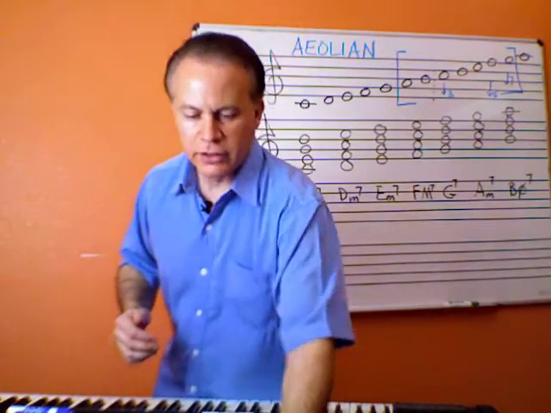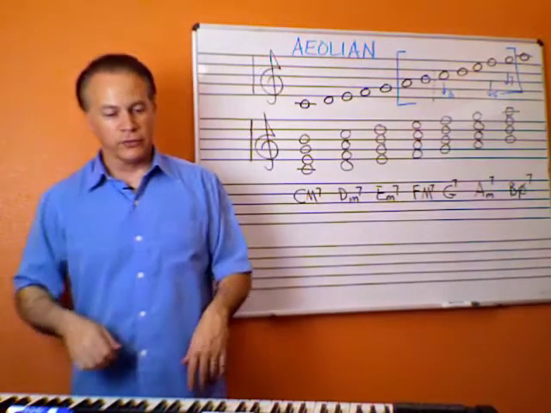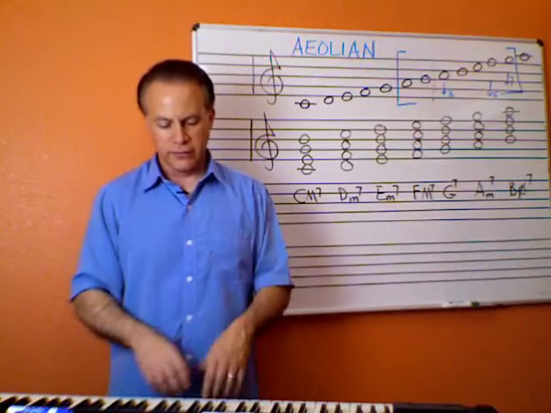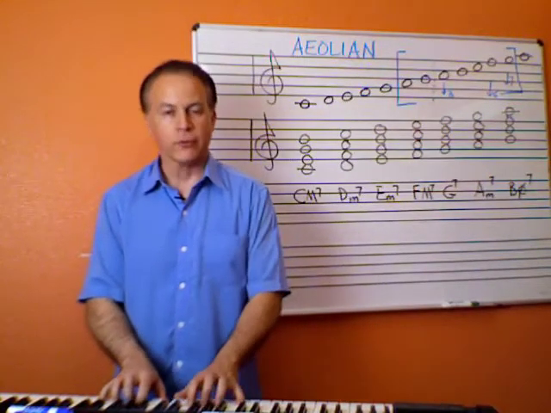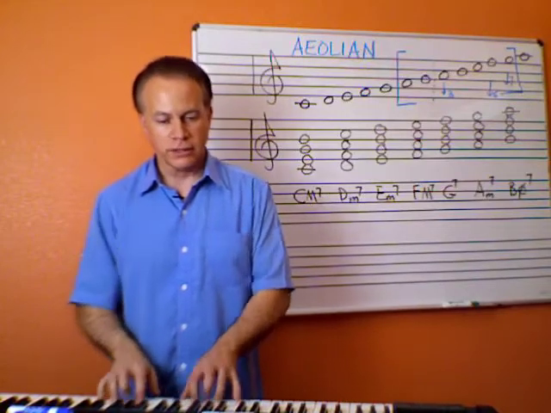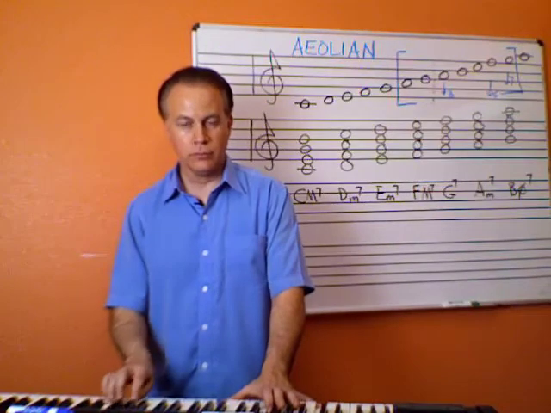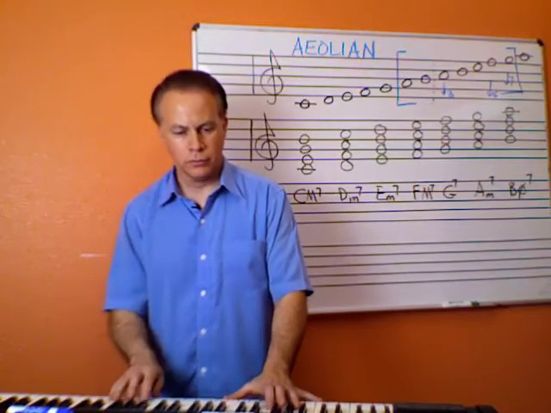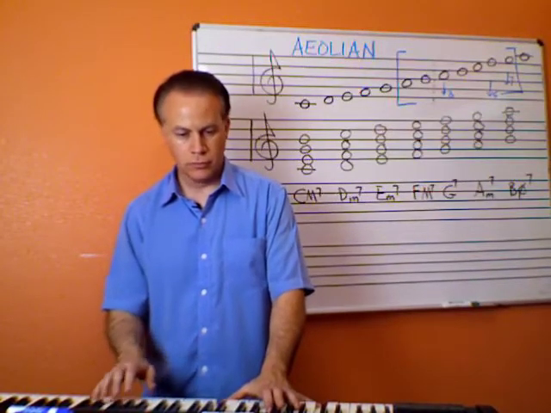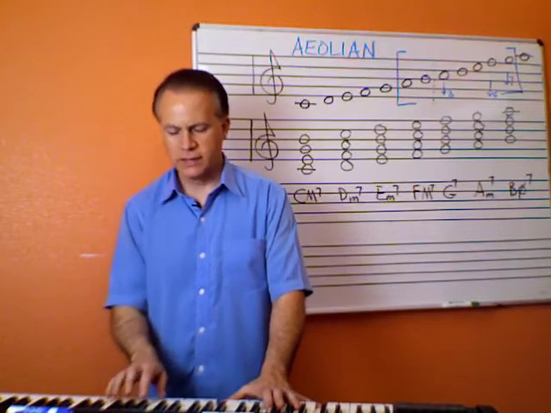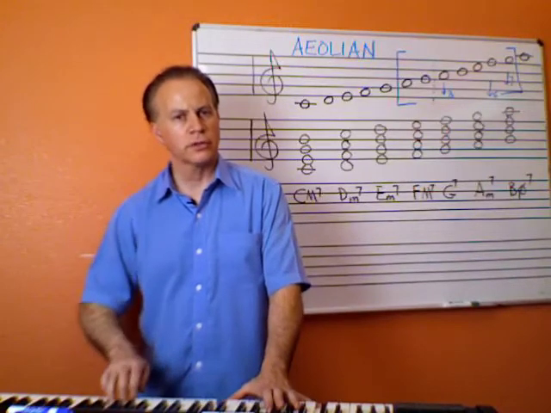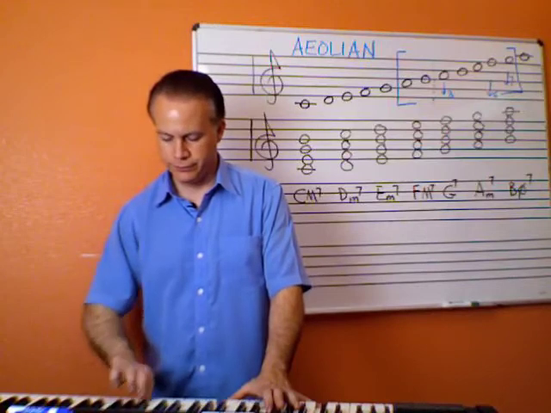Let's listen to a little melody using Aeolian. Here in example 5, you'll see a chord E minor 7th, as if it was the 6th chord in the key of G. Sounds something like this. Has that interesting lowered 6th scale degree, different than Dorian.